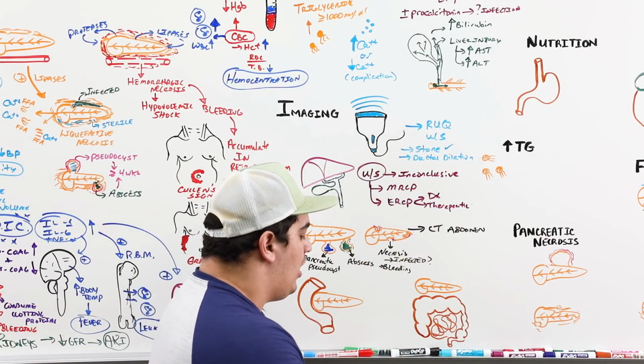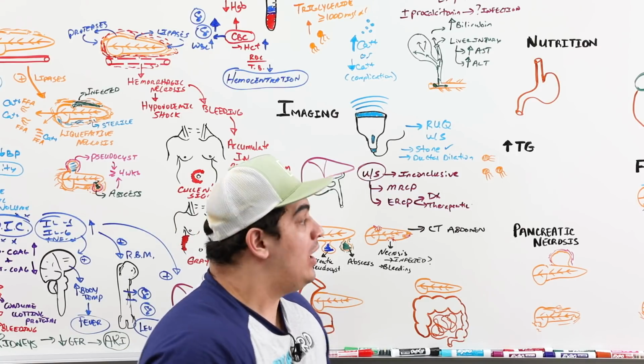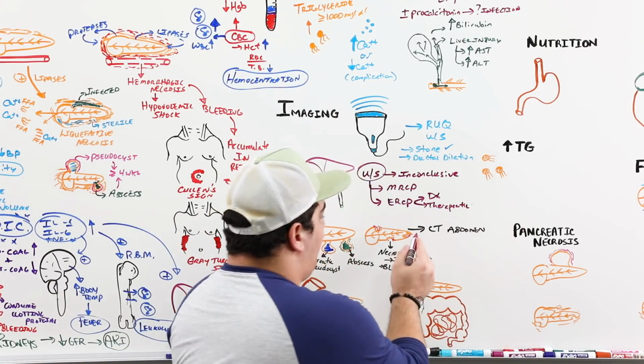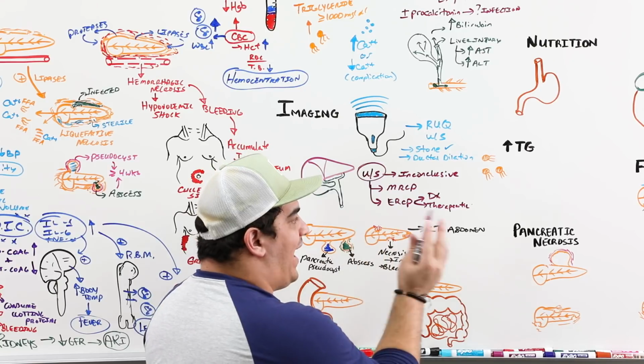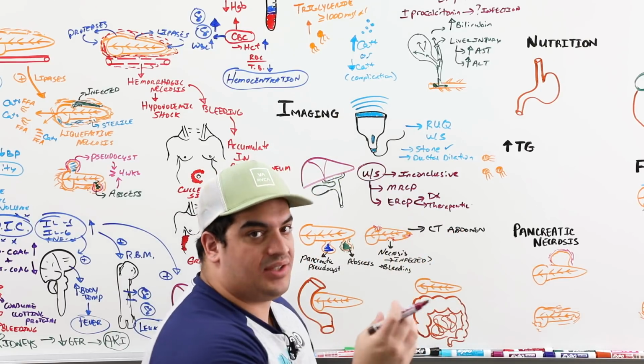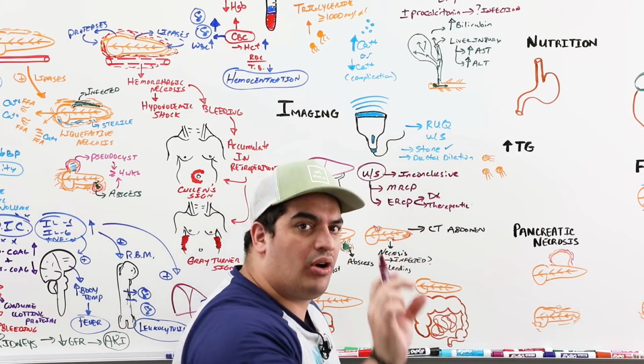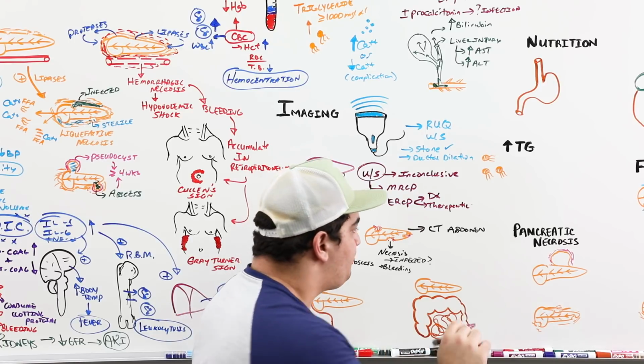So a CT of the abdomen really shouldn't be a first-line test. It's very good, but it may show a lot of peripancreatic fat stranding, which could be obvious, but usually in the acute phase, it may be hard to see because there is so much inflammation going on that it may be difficult to demarcate the margins of the pancreas.